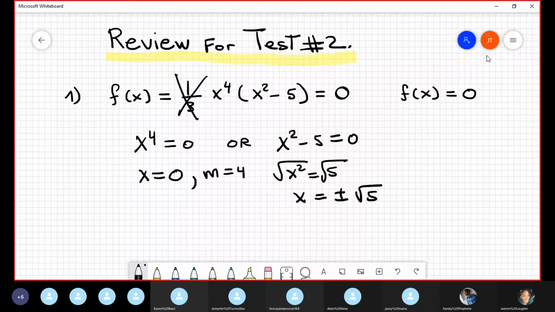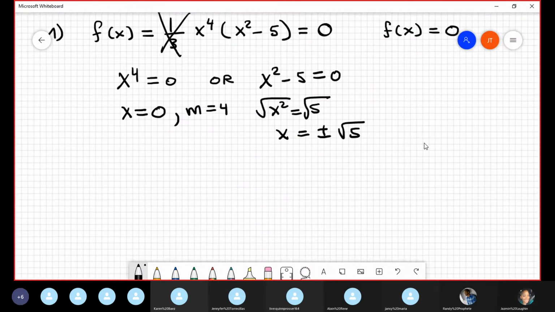Okay, entonces, if you listing the 0, in this case, multiplicity 1, ¿no? Because, bueno, basically is 0 multiplicity 4. Radical 5 multiplicity 1, ¿no?